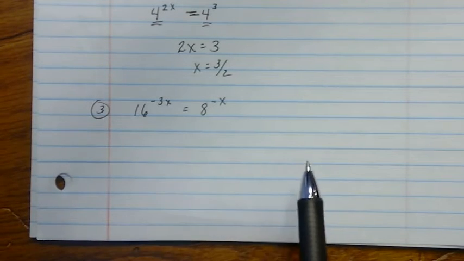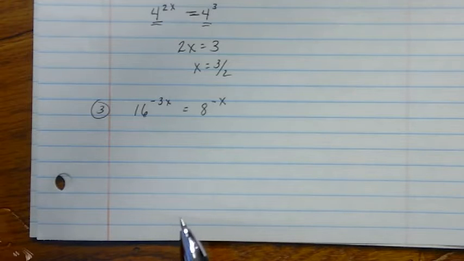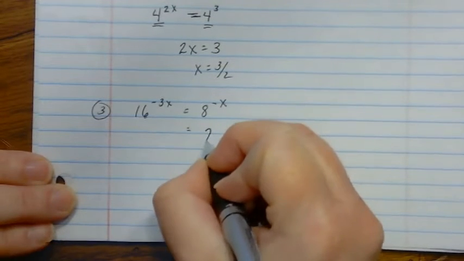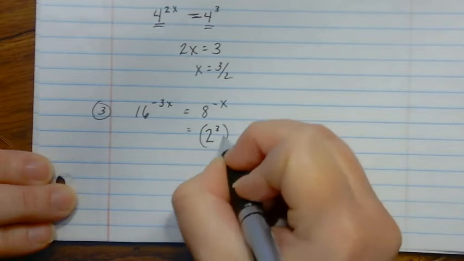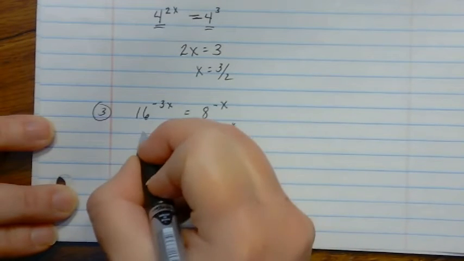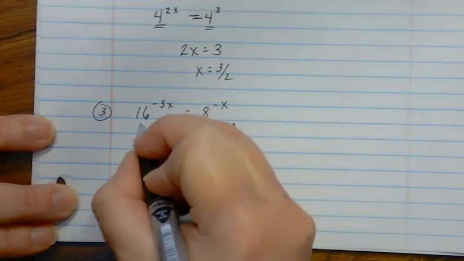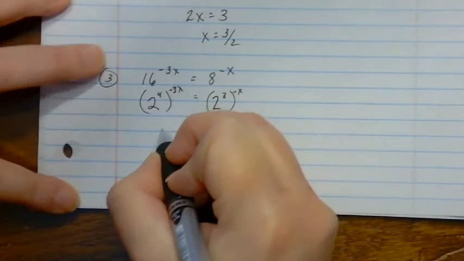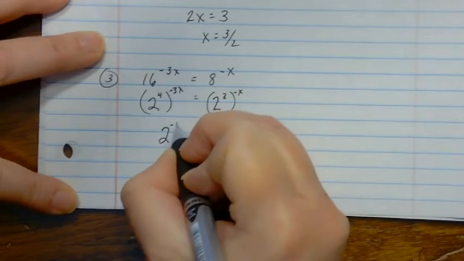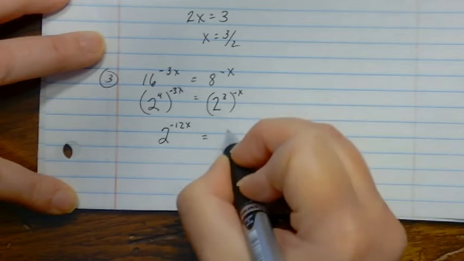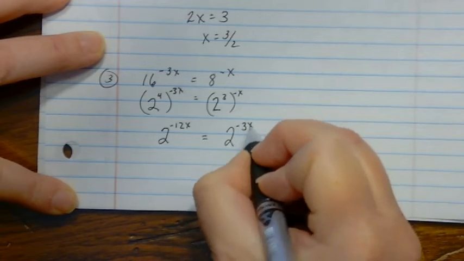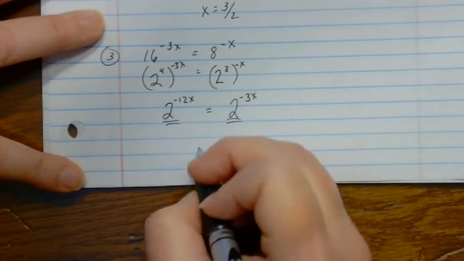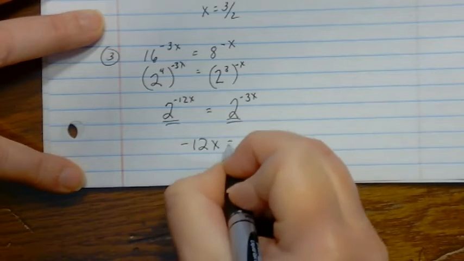So if I want to make these the same base, I'm going to have to break this down. 8 is the same thing as 2 to the 3rd power, and 16 is 2 to the 4th power. So what I have on the left side is 2 to the negative 12x, and on the right side I have 2 to the negative 3x. Now that the base numbers are the same, I can say that the exponents are the same.